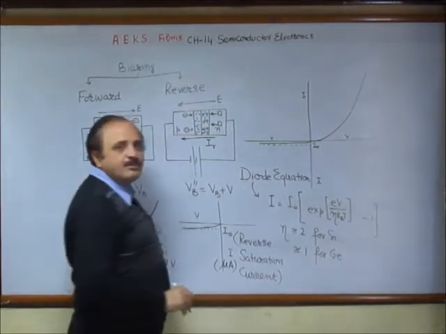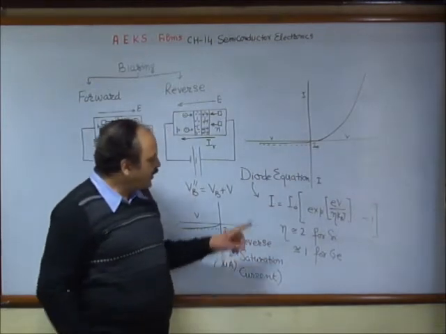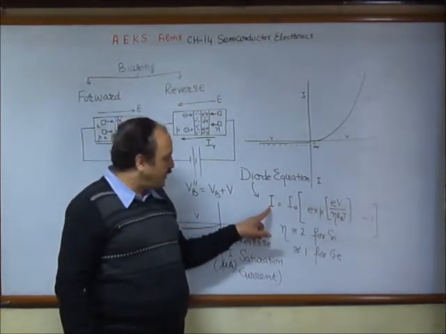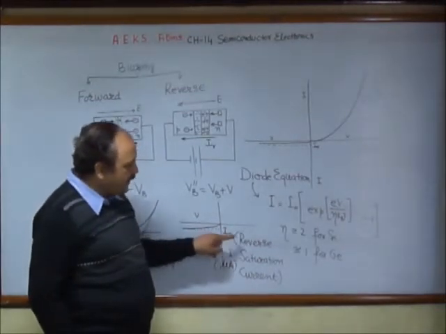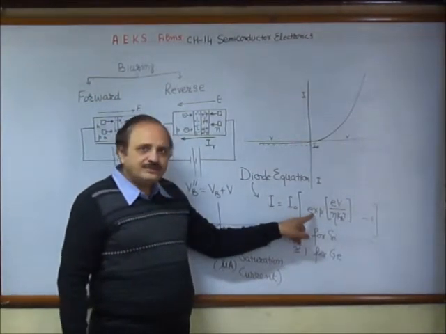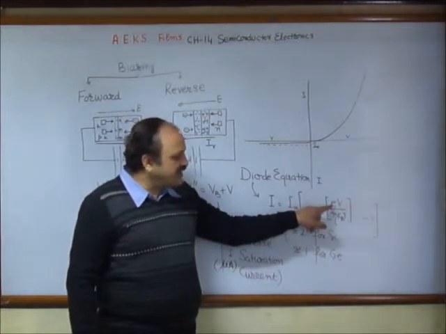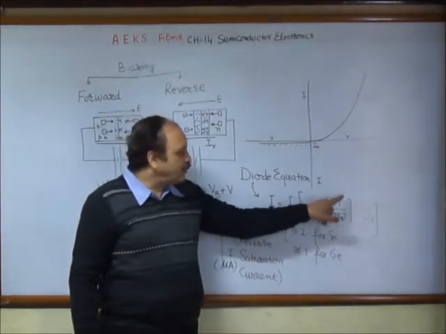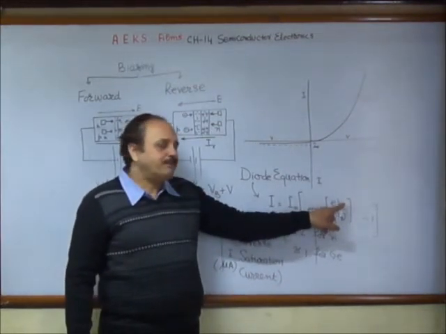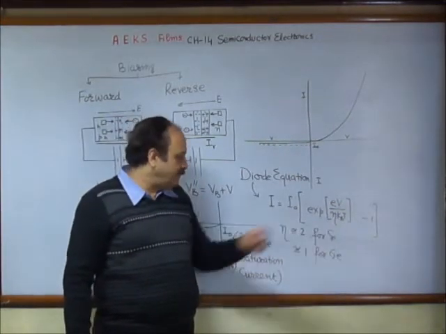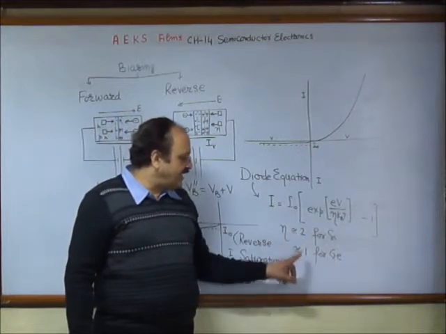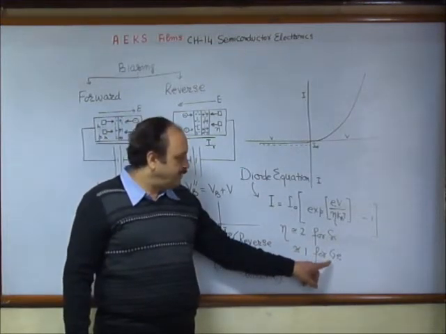I am repeating it, it's important to remember. I is the current, I0 is the reverse saturation current. Exponential function, the charge on the electron, the potential difference which you provide, V. Eta is the ideality factor, which is the property of the material. It is 2 for silicon and 1 for germanium.